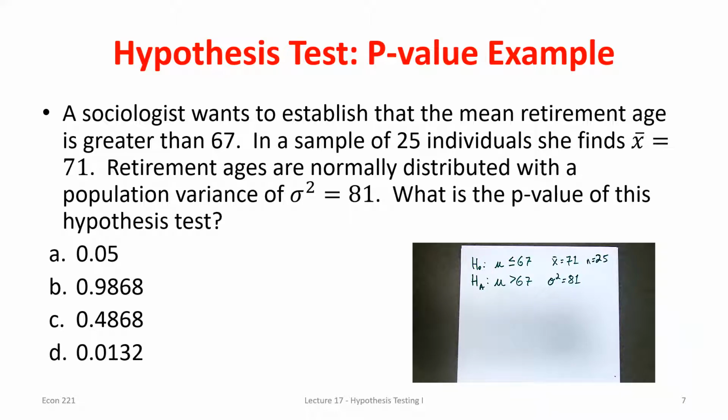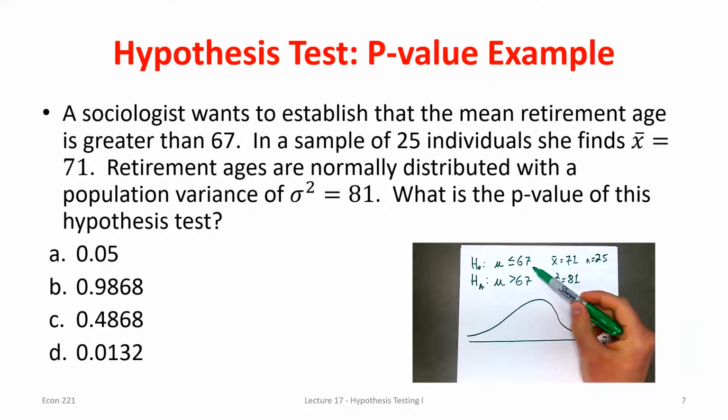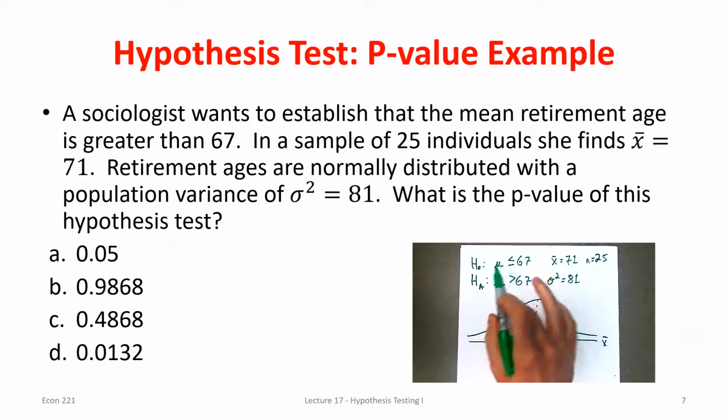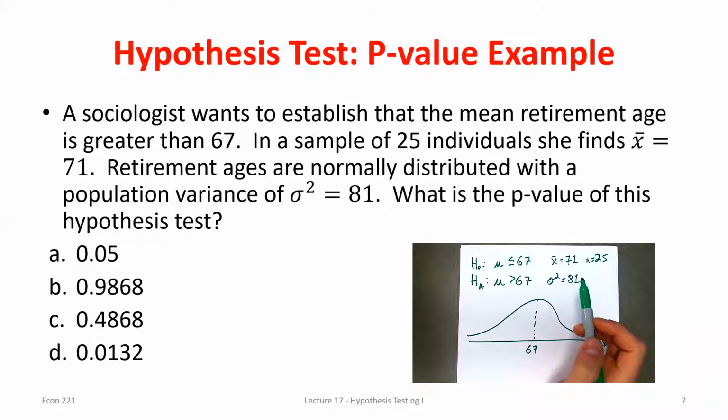So I've got my null hypothesis. If that in fact is true, my sample mean should be normally distributed around that value of 67. Now, if I can reject 67, then I can reject anything below 67 as well.